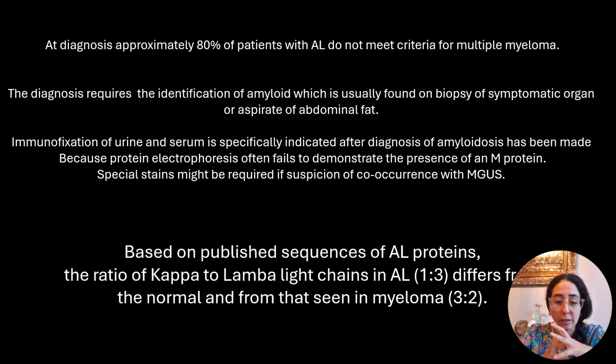The last fact was really eye-catching for me: based on published sequences of AL proteins, the ratio of kappa to lambda light chains in AL is 1 to 3, which of course is different than the normal ratio, which is 1, and from that seen in myeloma, which is 3 to 2. I thought that was very interesting.